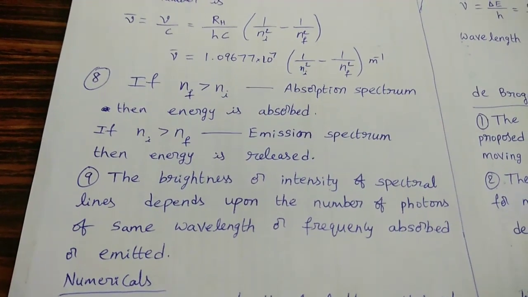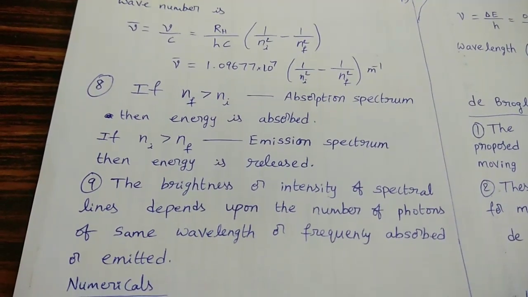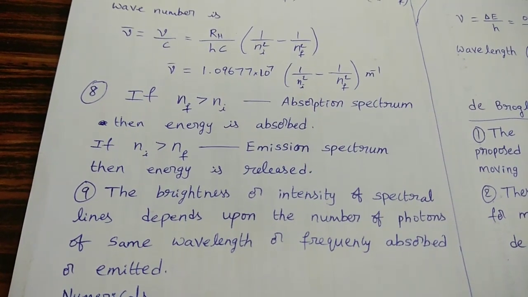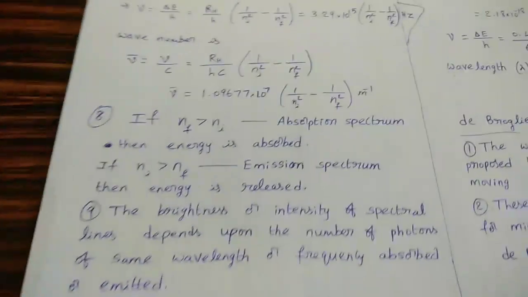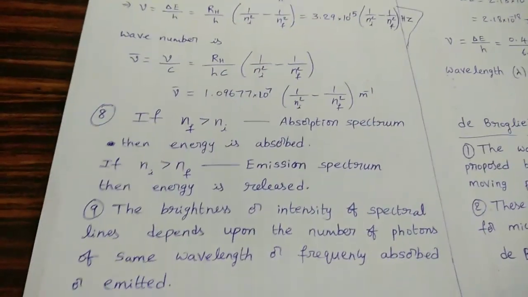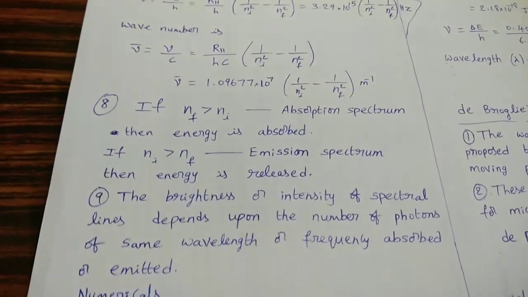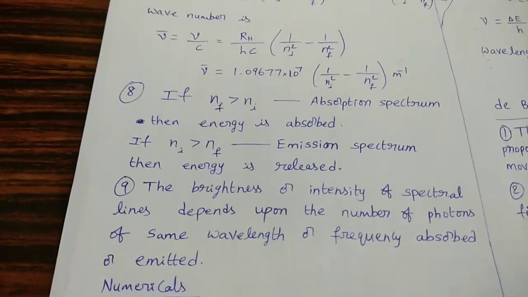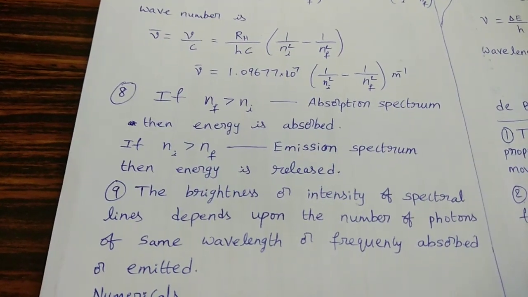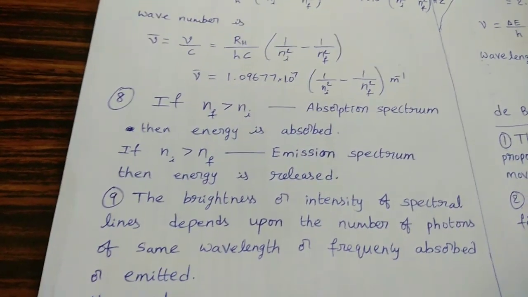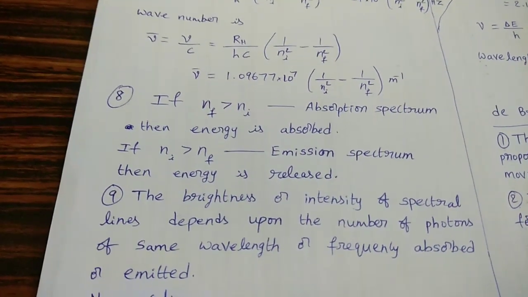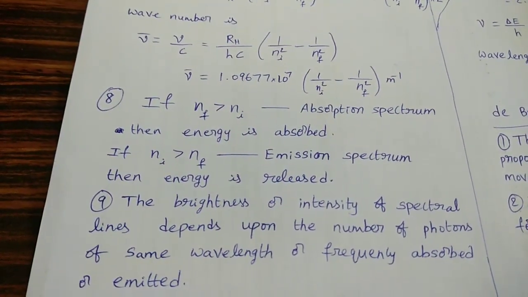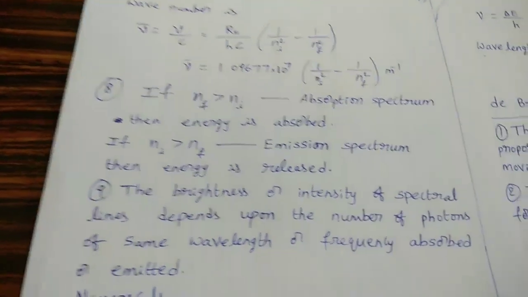In terms of frequency, same thing: more photons having the same frequency, then also we can observe more intensity of the spectral line. Wavelength and frequency are inversely related. So for more photons having the same wavelength, we can observe more intensity of the spectral line. In terms of frequency, we can also express the same thing.